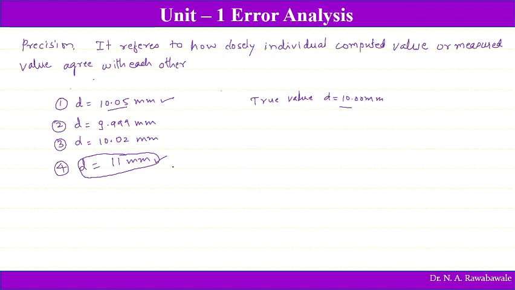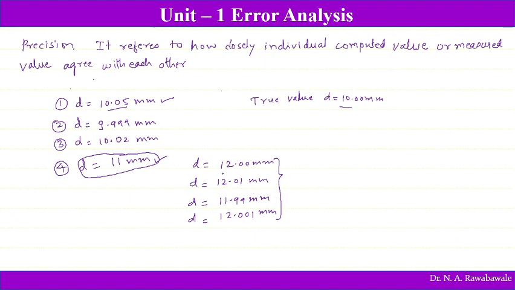Say the true value is 10, but if you measure the diameter of that shaft the first time and get 12 mm, maybe this has error. The second time you measure it as 12.01 mm, the third time d is equal to 11.99 mm, then the fourth time d is equal to 12.001 mm. So these four measured values are very close to each other.